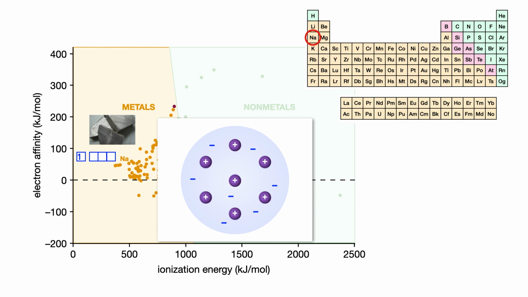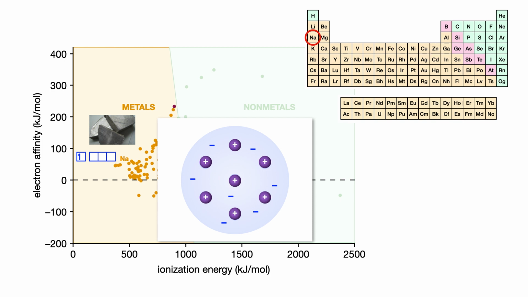Whenever a bunch of metal atoms come together, whether they're all the same or whether they're different metal atoms, the result is a picture like this, where the valence electrons come loose and sort of float around in a sea of electrons, holding the cores of the metal atoms together.